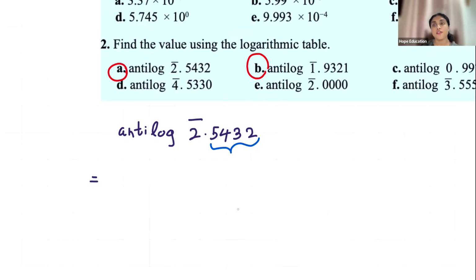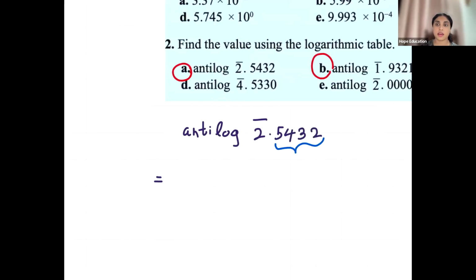0.5432. 5432 වලට මොකක්ද ආවේ? Okay, 3493. 3493. Others? What did you get? Give me a second.